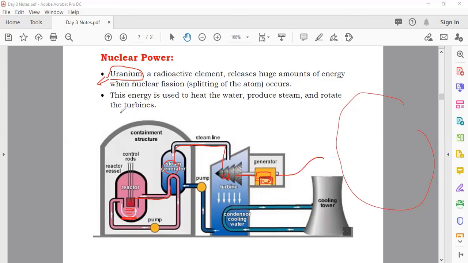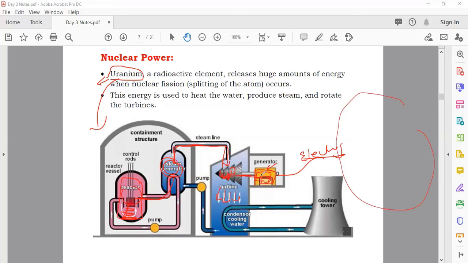Once again, the heat which comes from the uranium is used to heat the water. When you heat the water, it converts into steam. That steam is collected here. When the steam reaches high pressure, they bring it to the turbine and it passes through the turbine. When something moves with high pressure, the turbine starts to rotate. As it rotates, it is fitted with the generator, and inside the generator you have a coil which moves and produces electricity. Any confusion?